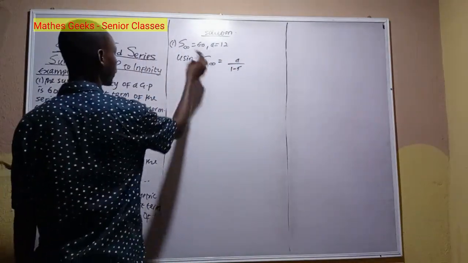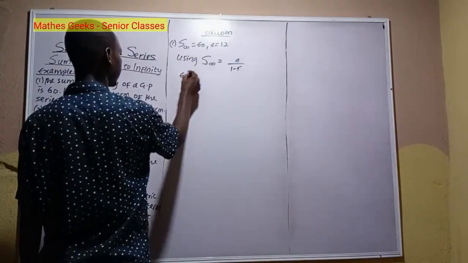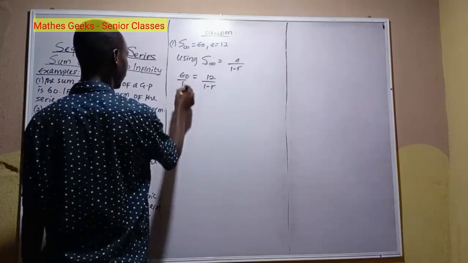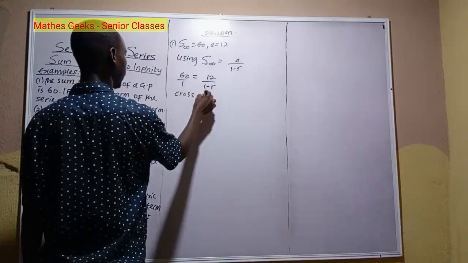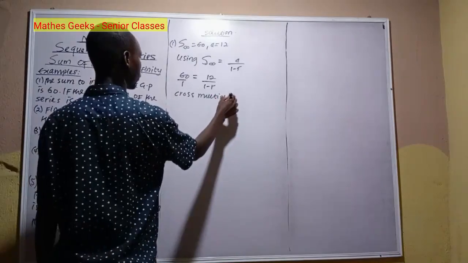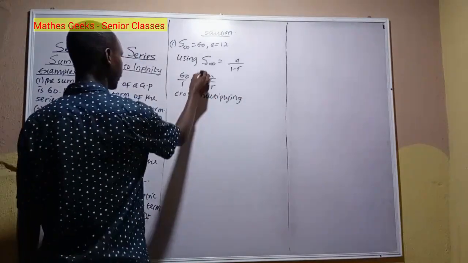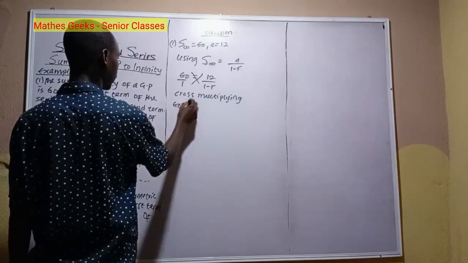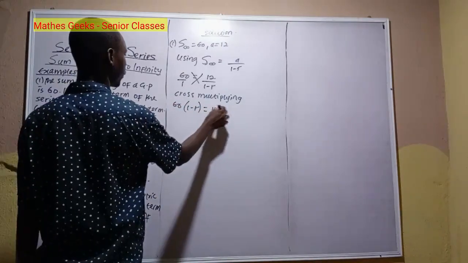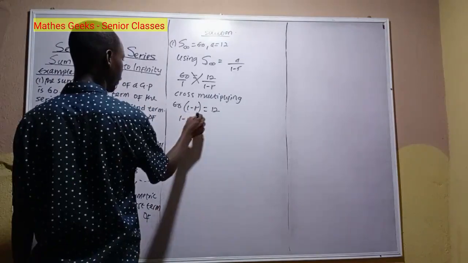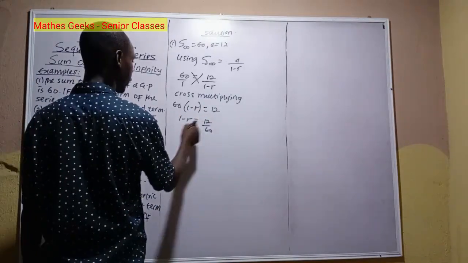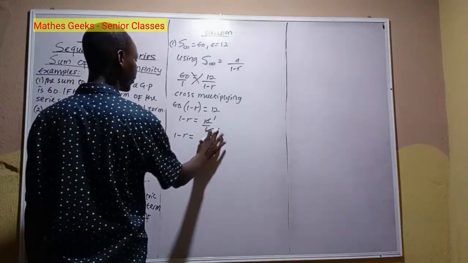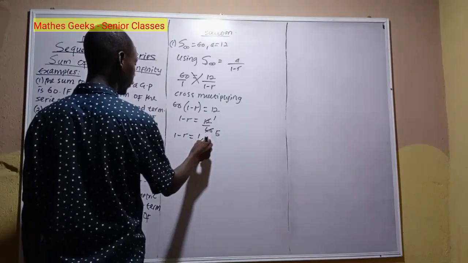We're told that S infinity is 60 and a is 12. So 60 over 1 minus r... cross multiplying, 60 times (1 minus r) is equal to 12, and then 1 minus r is equal to 12 over 60, which is 1 over 5.